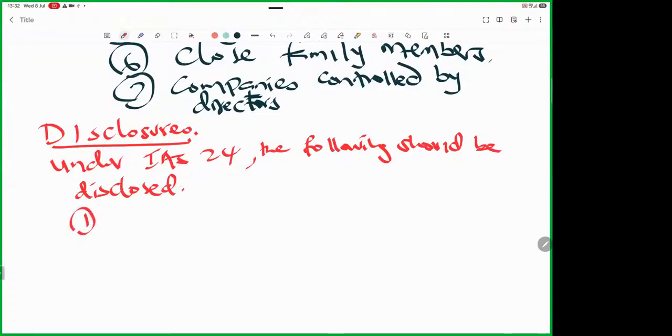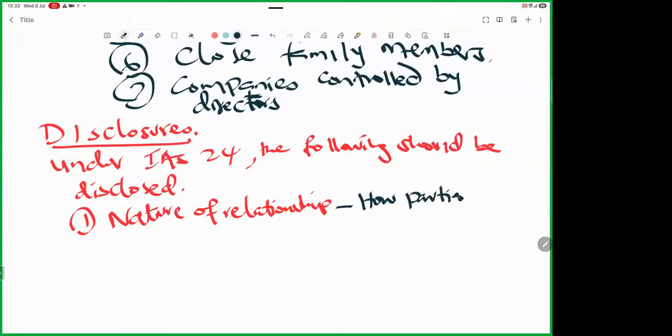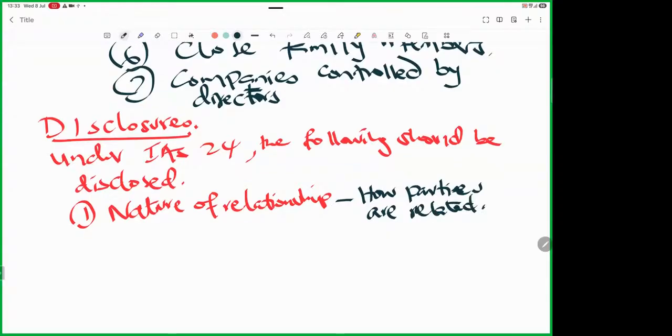Number 1, nature of the relationship, how parties are related. Very, very important.